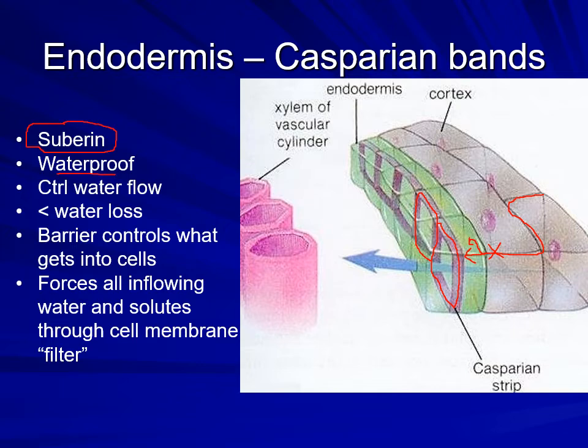So it's important to understand that water getting to the central stele gets filtered, but water in the cortex, not necessarily. And that's how often we get fungal infections, is because that cortex is exposed and not filtered. The water is not filtered until it gets closer to the center.